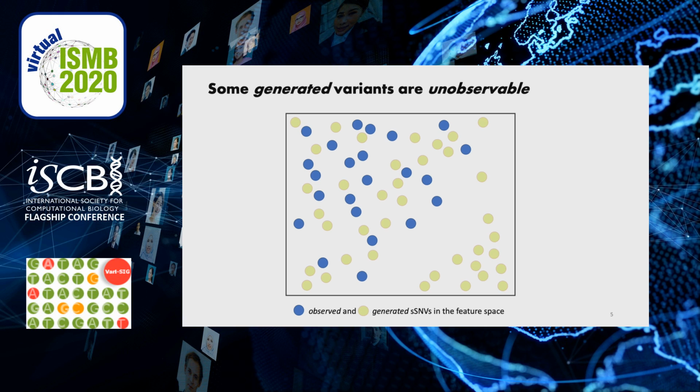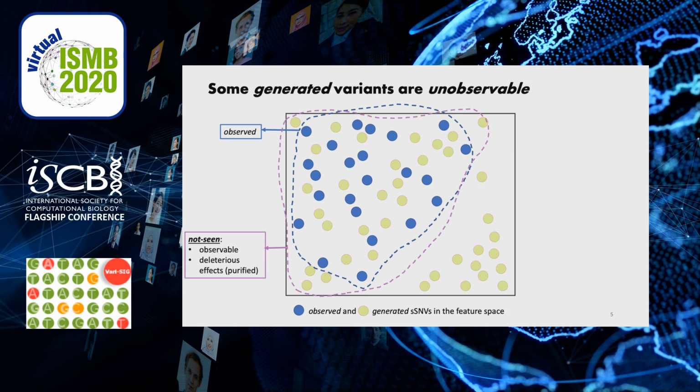How do we make use of this data? Let's say we plot the observed and generated variants into a two-feature space. The blue ones are the observed, and the yellow ones are generated. Some yellow ones are close to the observed ones. We call them not seen. They are either observable if we have more sequencing samples, or they are deleterious and have been purified.